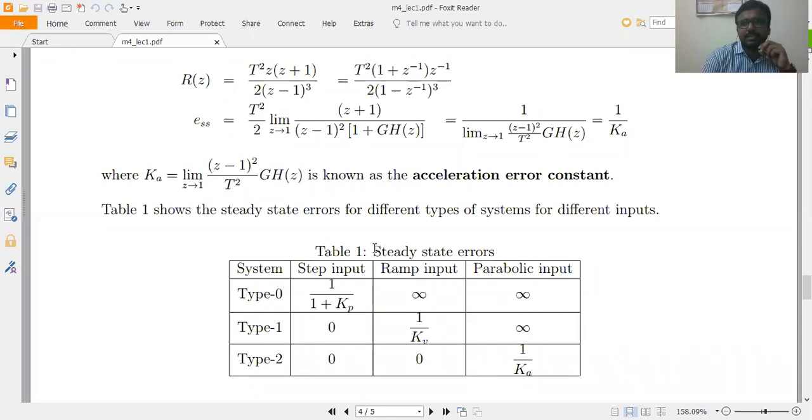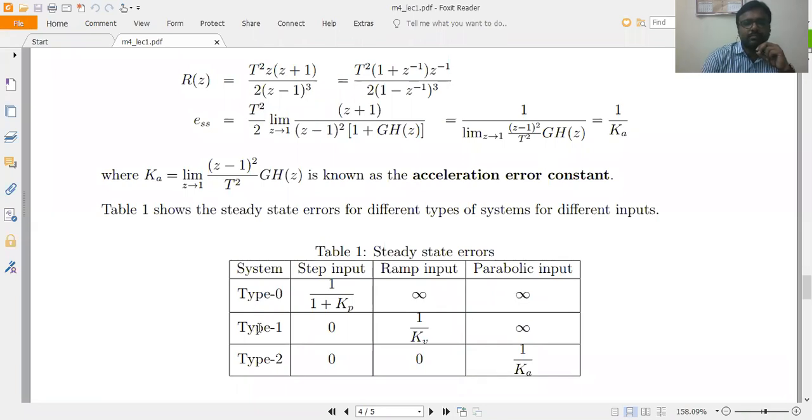As I have discussed earlier, for type 0 systems with step input, the error is 1 divided by 1 plus Kp. For ramp input, the steady state error for a type 0 system is infinity, and for parabolic input it is infinity.